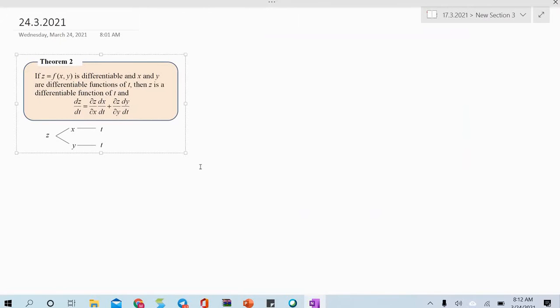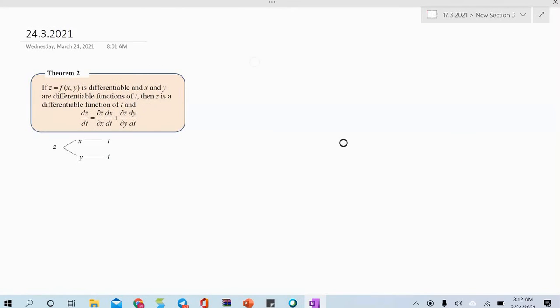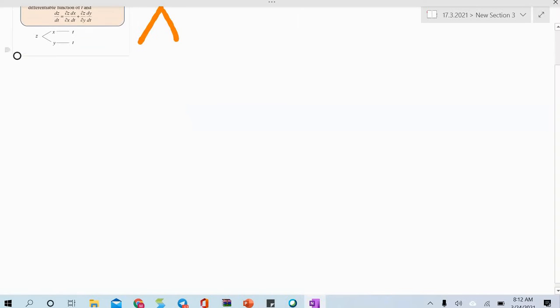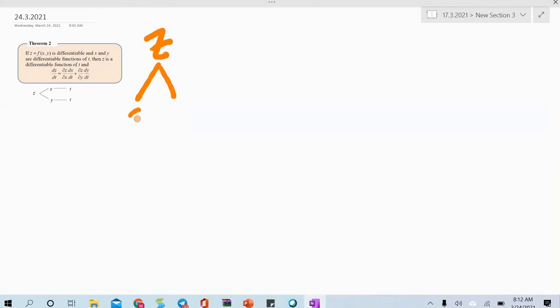Okay, you see this theorem. z is a function of x, y. Your y is a function of t.